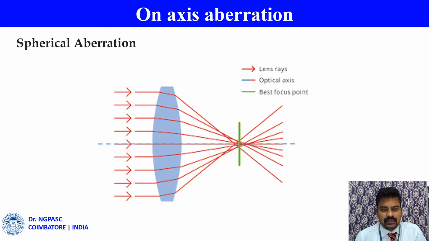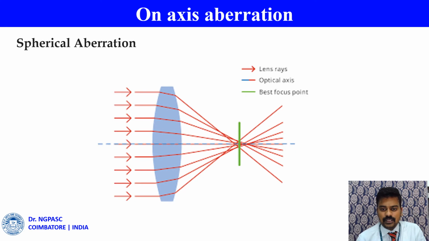The spherical aberration belongs to the on-axis aberrations. It is an optical problem that occurs when the light rays passing through the lens fall on different points on the axis.